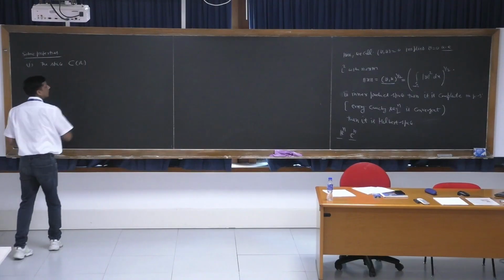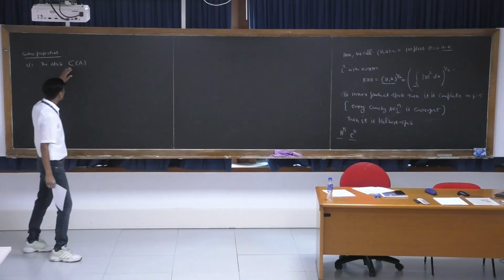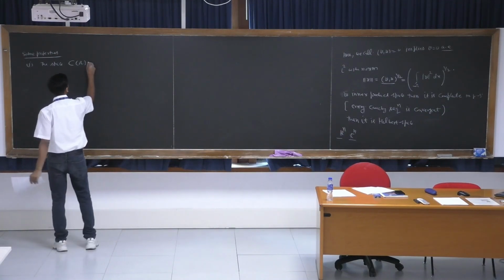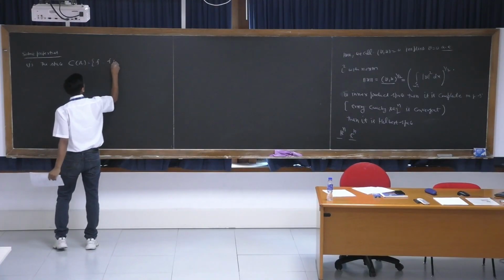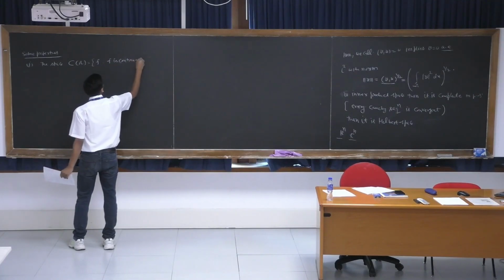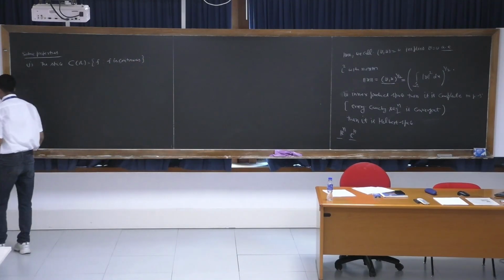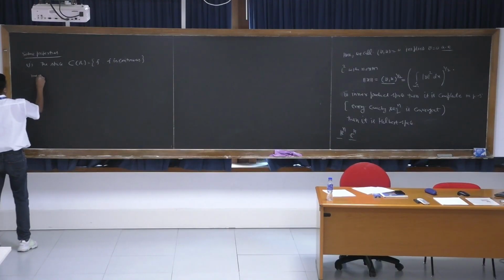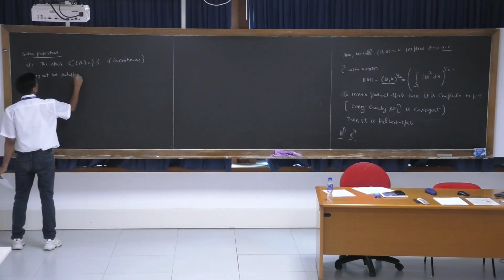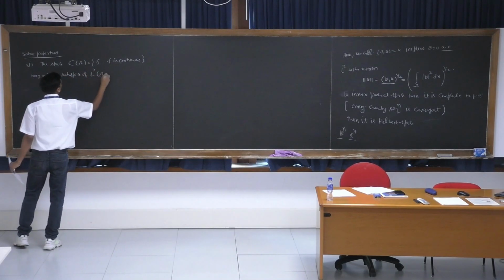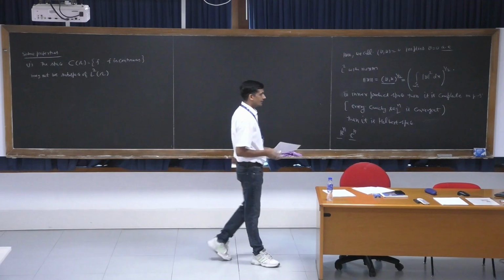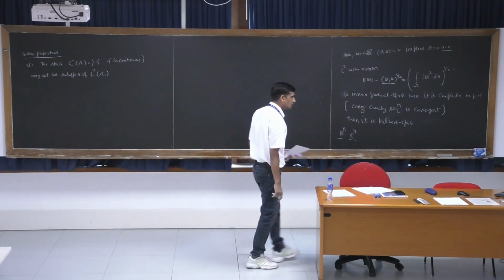Number one: this space C omega, the set of all continuous functions, that is, all functions f such that f is continuous, may not be a subspace of L2 space. Means that every continuous function is not necessarily an L2 function.